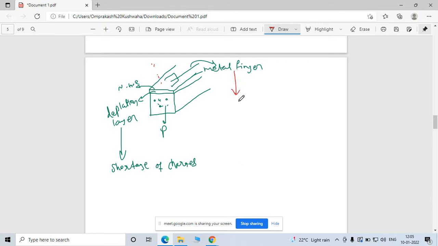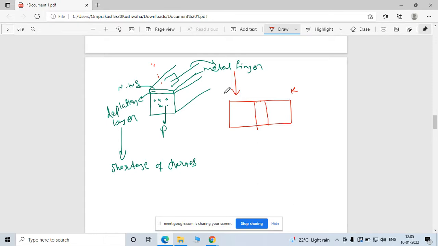This metallic finger collects, or accumulates, all the electrons at the cathode side.